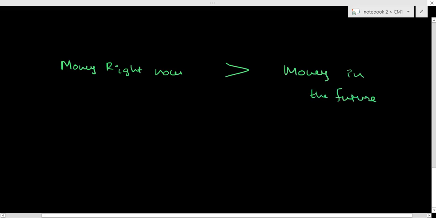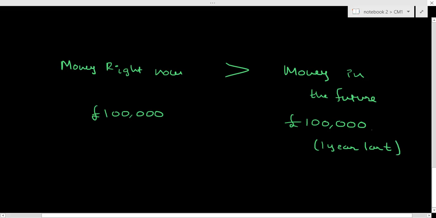That is, if I pay you 1 lakh rupees right now or 1 lakh pounds right now, you will prefer it to me paying you 1 lakh pounds 1 year later. So 100,000 pounds 1 year later is worse than 100,000 pounds right now.